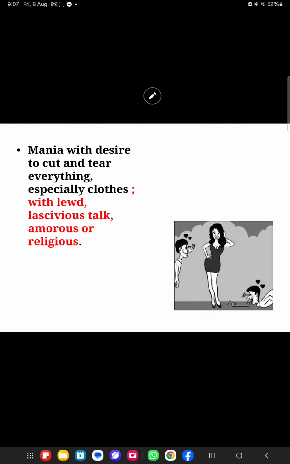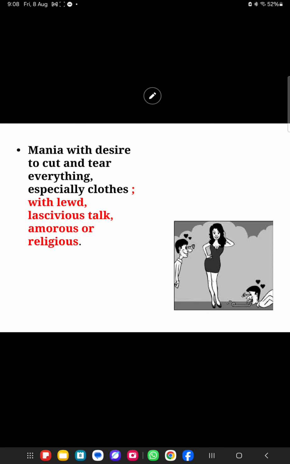He wants to destroy and tear something. He tears the clothes from his body. Always wants to be busy and carry on his daily work. Why does this patient want to be busy? Because if he will not be busy, he will try to tear all the things, he will try to destroy all the things.